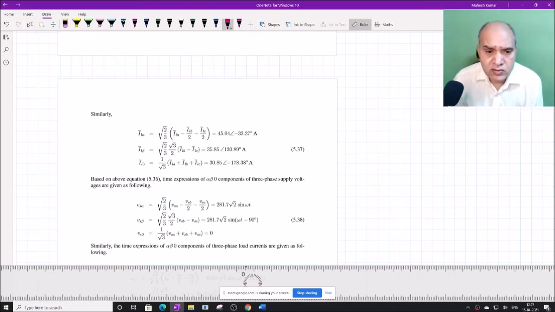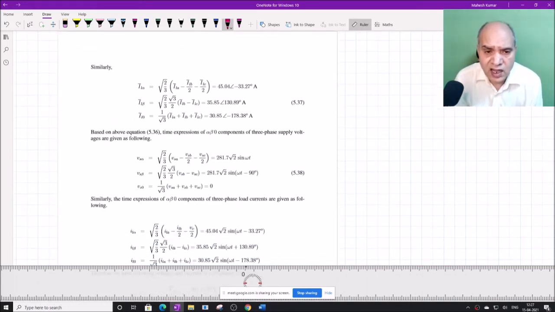So these are the values of voltages in the alpha beta domain: VS alpha, VS beta and VS0. Similarly, we can find out IL alpha, IL beta, IL0, with the same concept. The value of IL alpha is 45.04 angle of minus 33, IL beta is 33.85 angle of 130, and IL0 is 30.85 angle of minus 178.